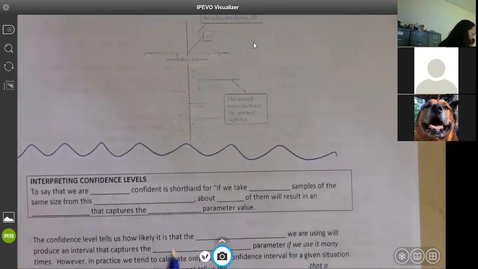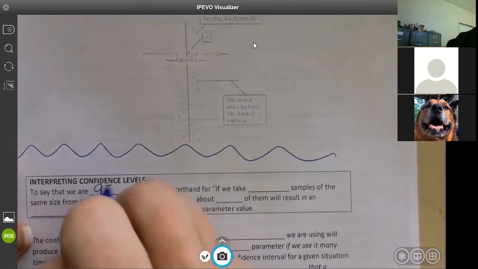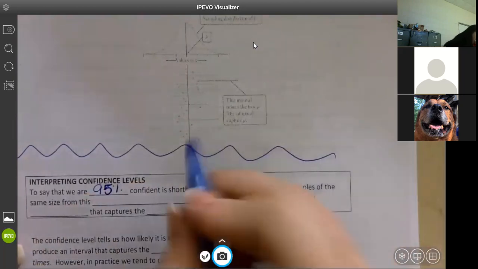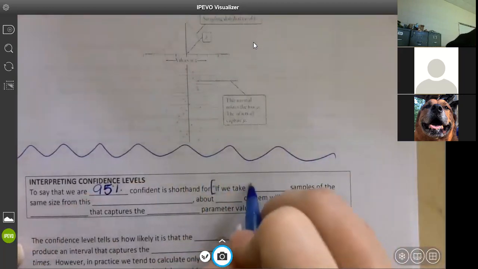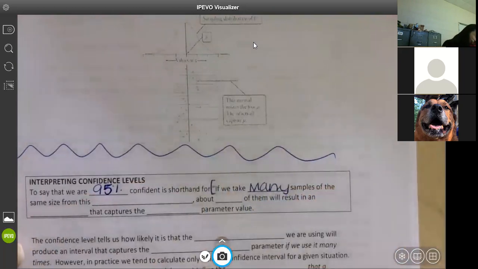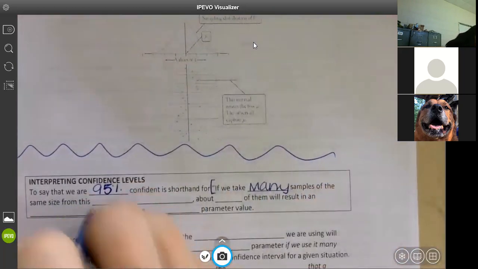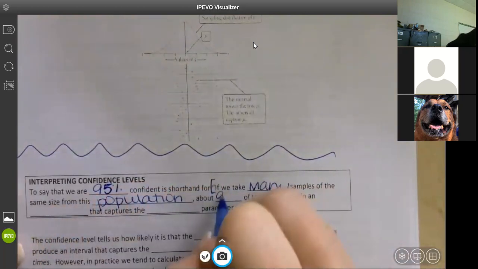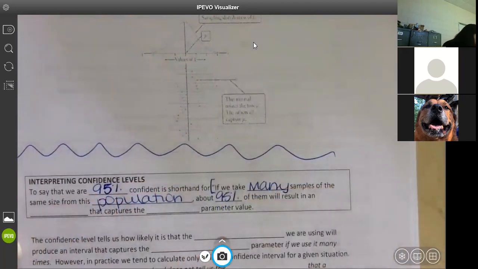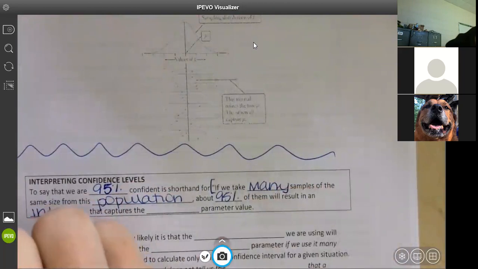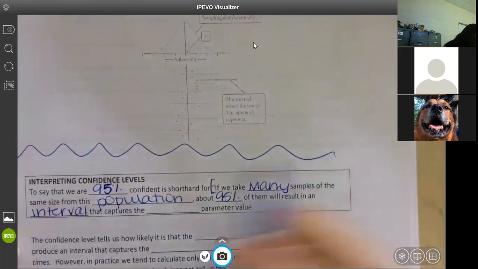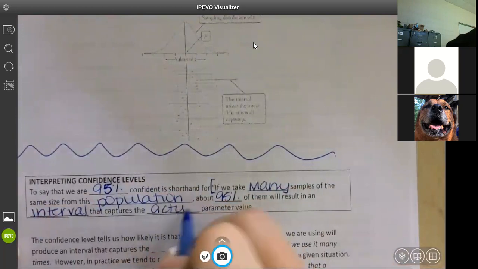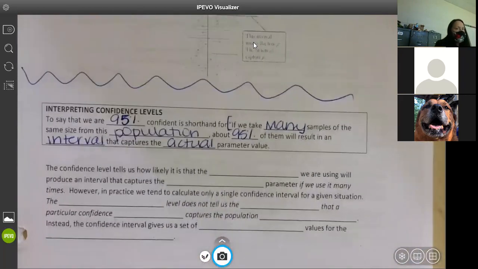To say that we are 95% confident is shorthand for: if we take many samples of the same size from this population, about 95% of them will result in an interval that captures the actual parameter value. So know the difference between confidence interval and confidence level.